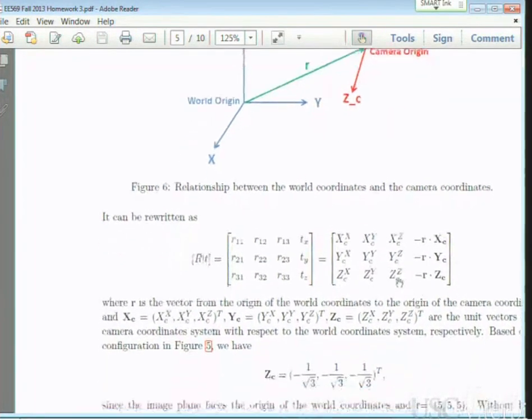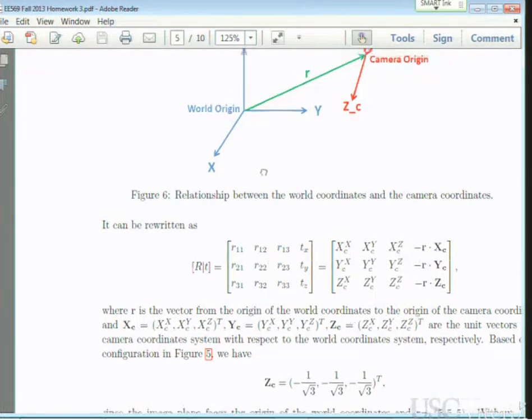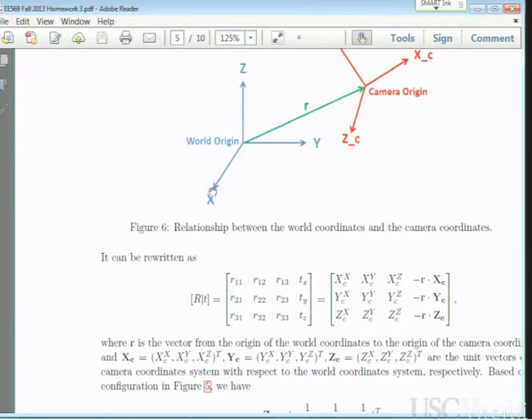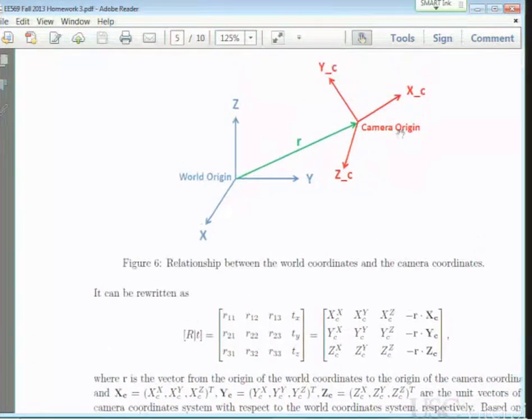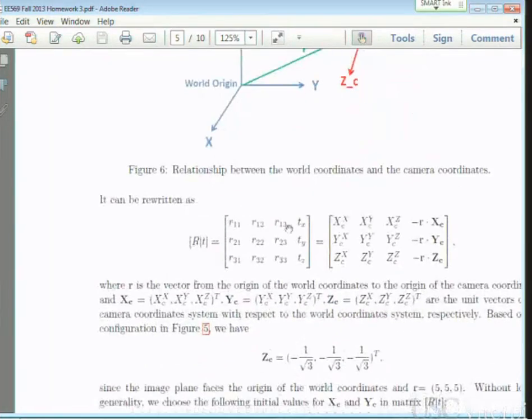Okay, so suppose there's no translation, just purely rotation. And this 3x3 matrix is actually the projection of, I would say, these three vectors will rotate and then eventually align with these three vectors. And going this way, you get that.